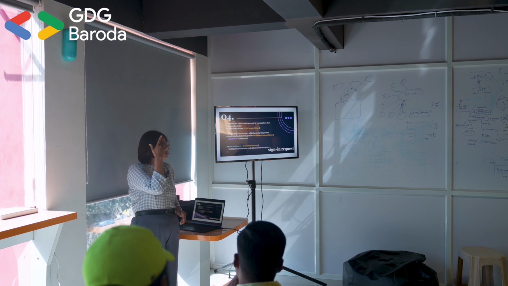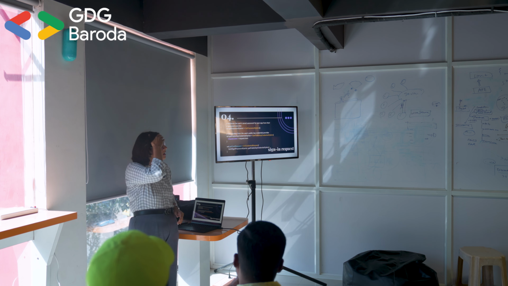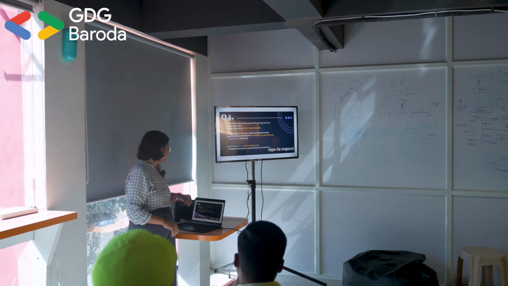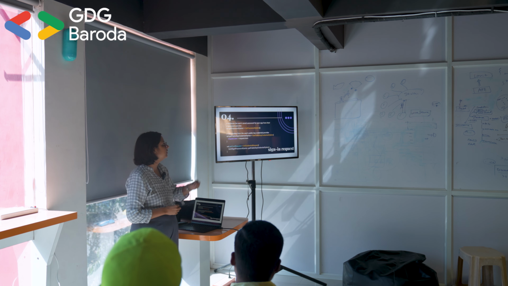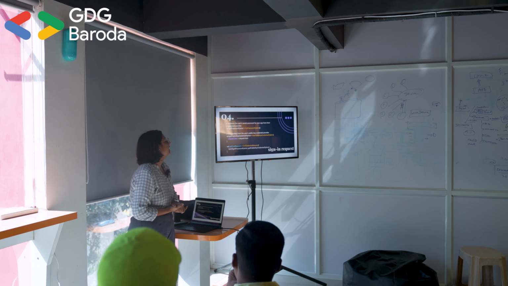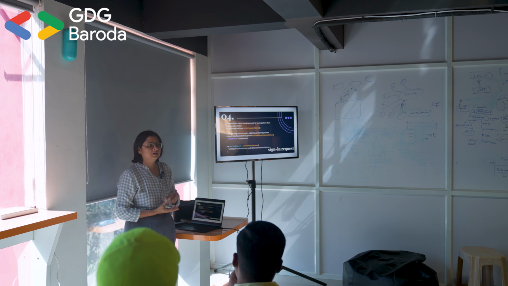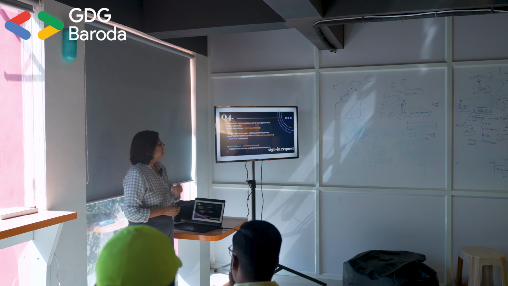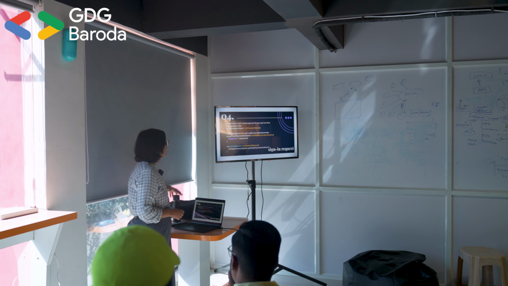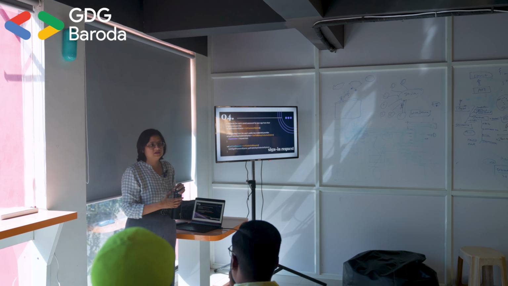So once your user is registered, you need to sign in the user. If you're using the traditional username and password method, then you simply have to call the get password option. And if you're using a passkey, then you will be calling the get public key credential option. Again, you have to pass in the request JSON.